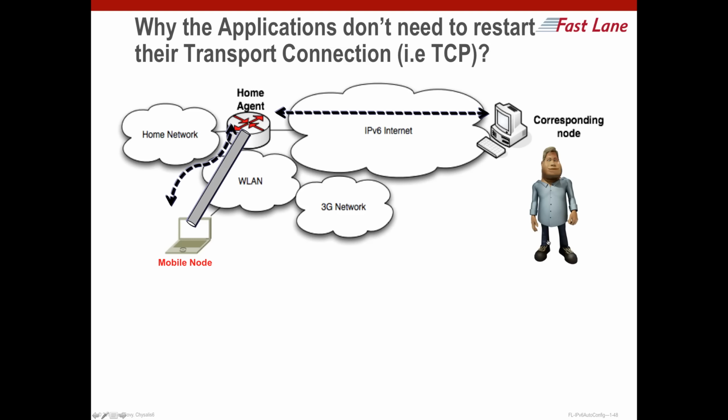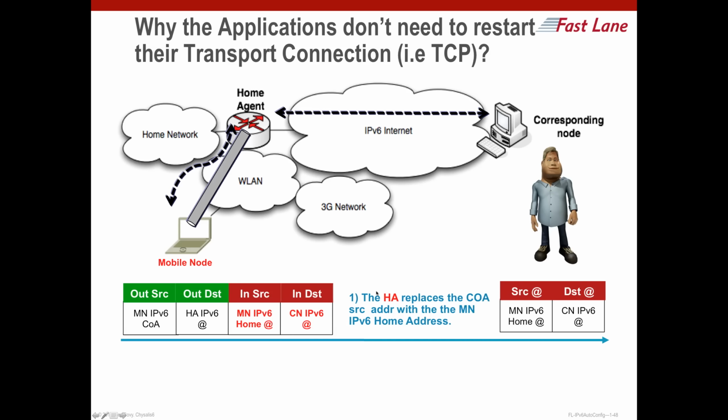So when the corresponding node is sending some traffic to the mobile node, the home agent is going to intercept this traffic and will encapsulate it to send it to the mobile node at its temporary address, because the corresponding node is sending the traffic to the mobile node IPv6 home address, just as if the mobile node never moved from its home network.